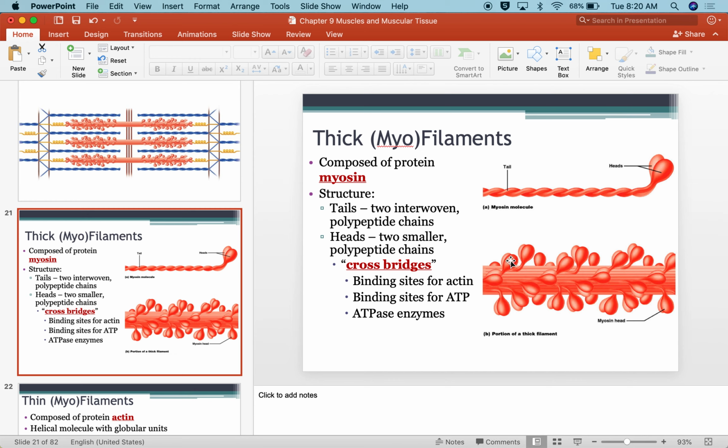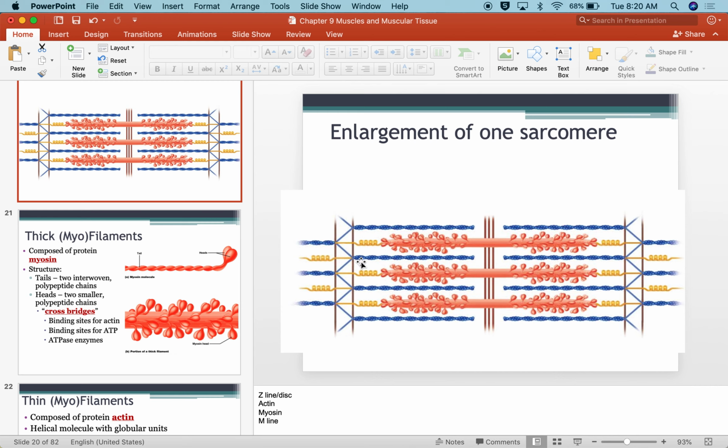And these heads are going to form what are called cross bridges. This is where the myosin is going to reach out and bind to the actin. So if we go back to this slide, the actin is this blue stuff that goes in between the myosin. So the dark band is actually where myosin and actin are overlapping. That's what gives it that dark appearance.